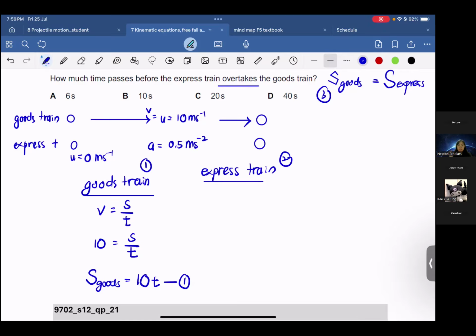Then do the substitution and find out S equals how many T. You have U, you have A, you want to find S in terms of T. What formula can you use? Then solve it using your mathematics, type in the chat box and let me know your answer.